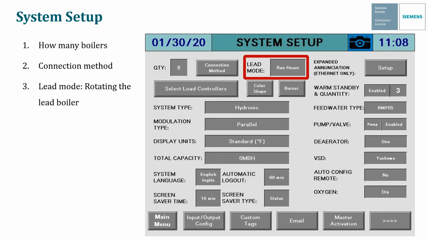In both those instances, the master panel is trying to keep the same number of run hours or the same number of startups per LMV that's connected. And this is a good way to maintain the same number of run hours per boiler when you're using all LMVs. We'll talk about the differences between those two in later slides.